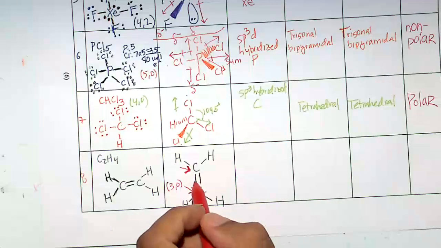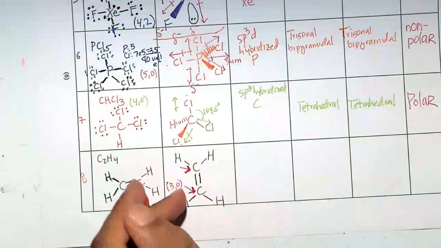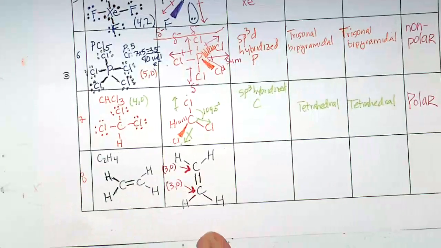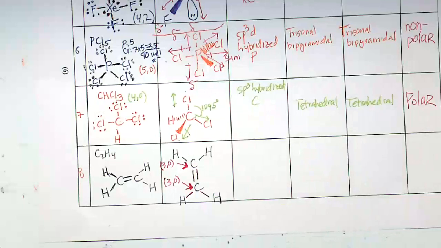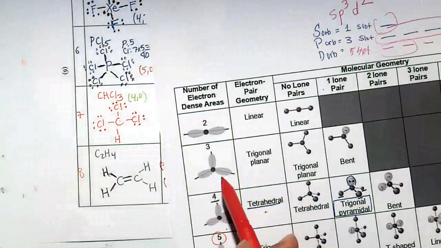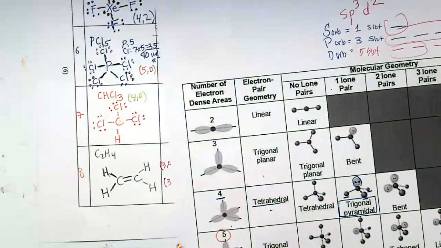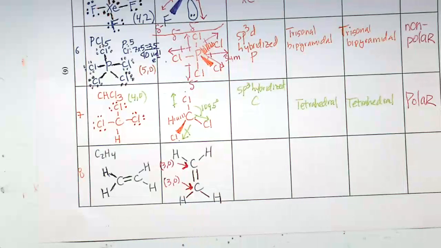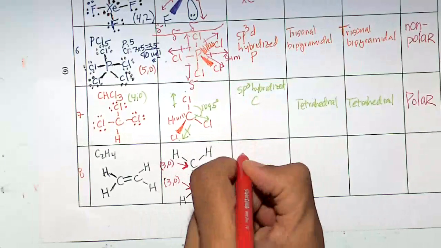Okay, what about this carbon here? Same. Okay, so what's 3 bonds and 0 lone pairs? Trigonal planar. Okay, it has 2 sp2 carbons.